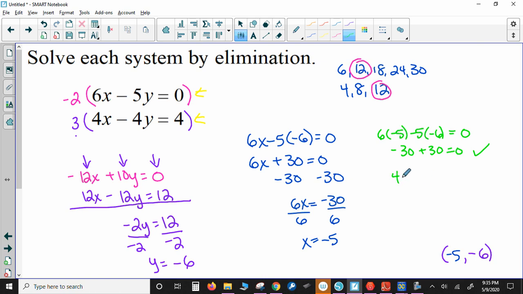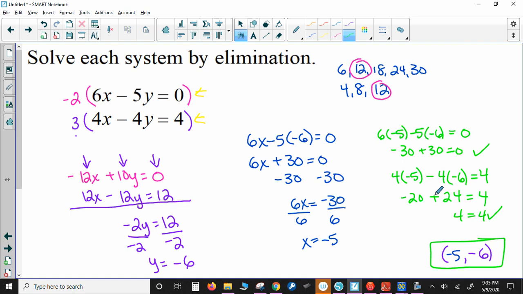All right, 4 times negative 5 minus 4 times negative 6 is equal to 4. That's a lot of 4s. 4 times negative 5 is negative 20. Negative 4 times negative 6 is positive 24. Equals 4. Negative 20 plus 24. All right, I feel 100% confident that my answer is correct.